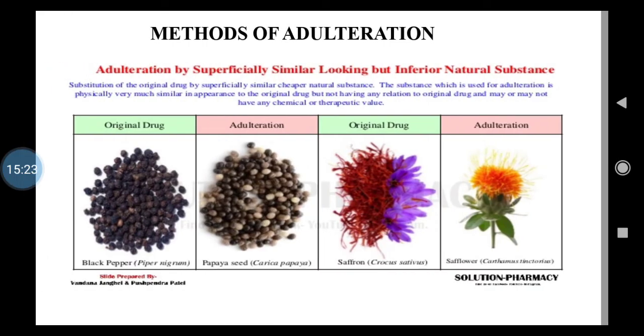Next method is adulteration by superficially similar but inferior natural substance. Superficially, the drug is similar in appearance. Physically it is the same, but it is inferior in quality. Here, consider the harvesting of cultivated drugs.